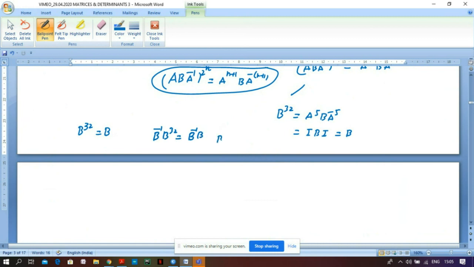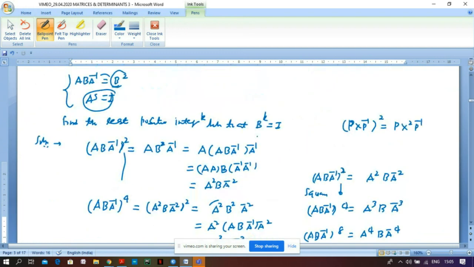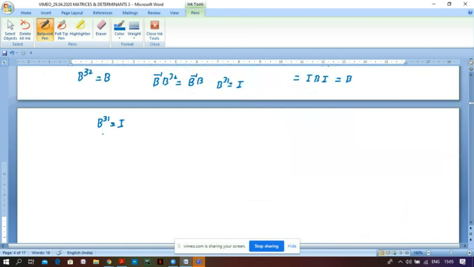So that is B to the power 31 equals I. Now I want the least positive integer k such that B to the power k is I. Because we already have this, if k is less than or equal to 31, then k must divide 31. So k equals 1 or 31.